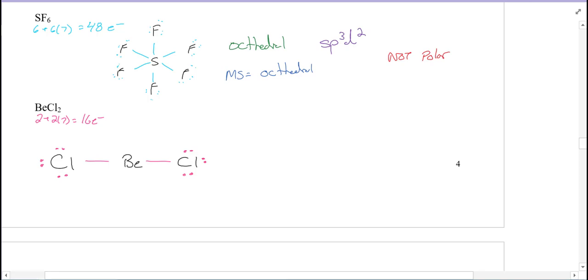Yes, it is a natural group 2 metal. However, it actually is a covalent compound. So our electron pair geometry would be linear. Shape is also linear because there are 2 pairs. So that means the hybridization is sp. Is this polar? No, it's symmetrical, so it's not polar.